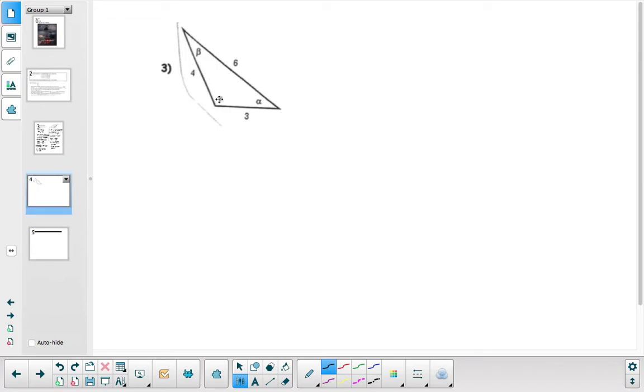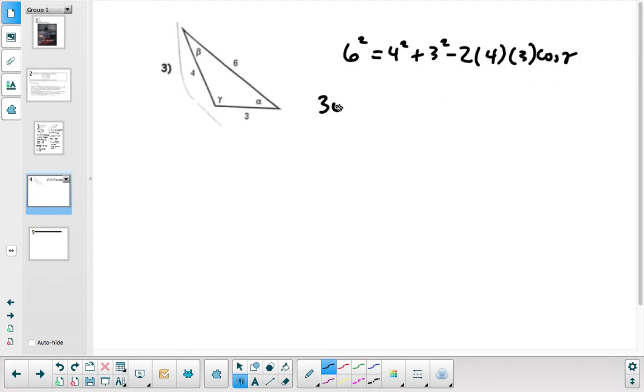But again, I'm going to go for the biggest angle just to ease my mind, and we're going to plug in all of our sides. So c squared is equal to a squared plus b squared minus 2ab cosine, and we're going to solve for that.